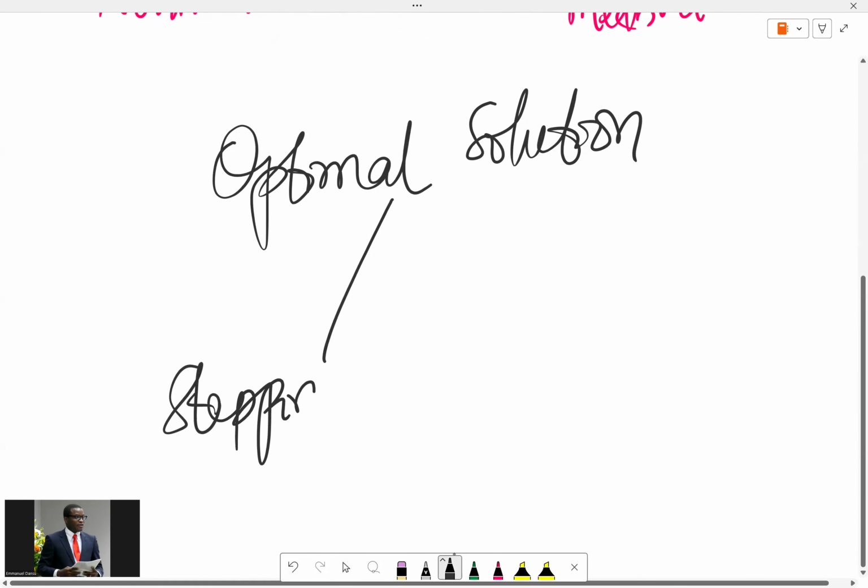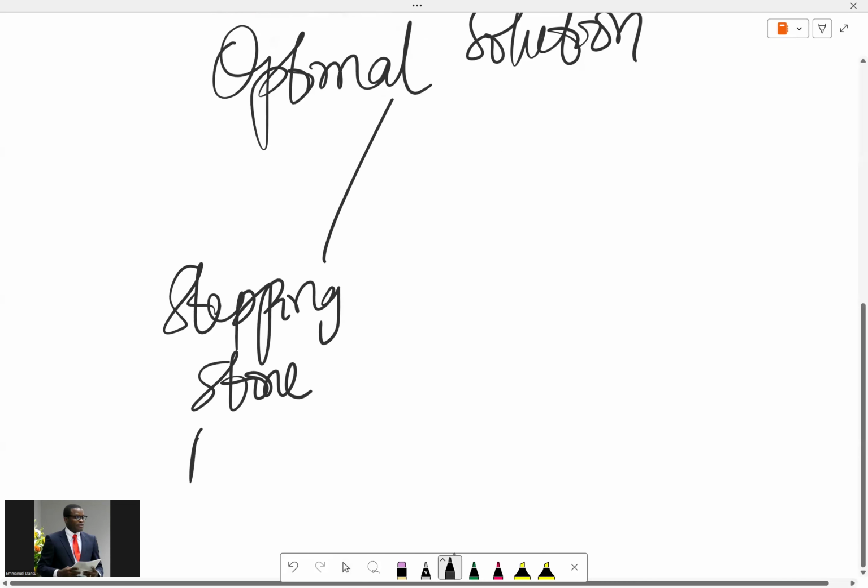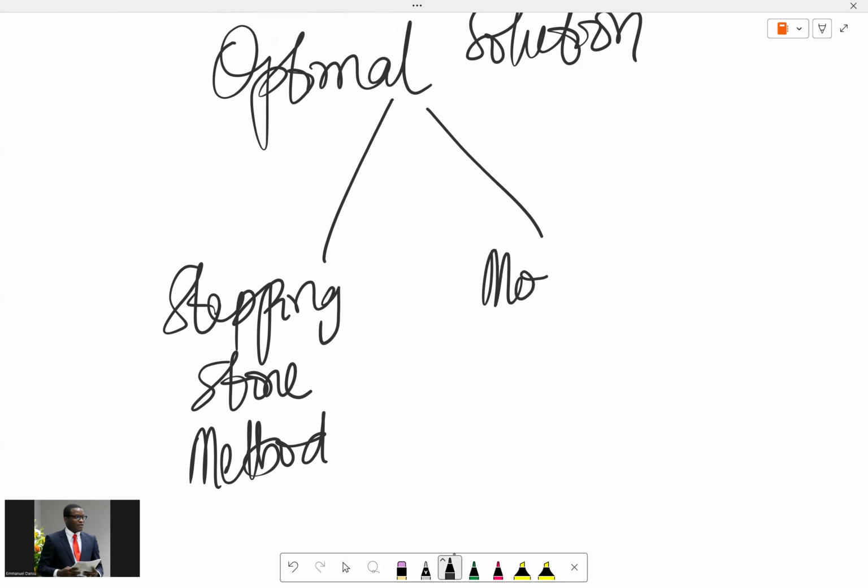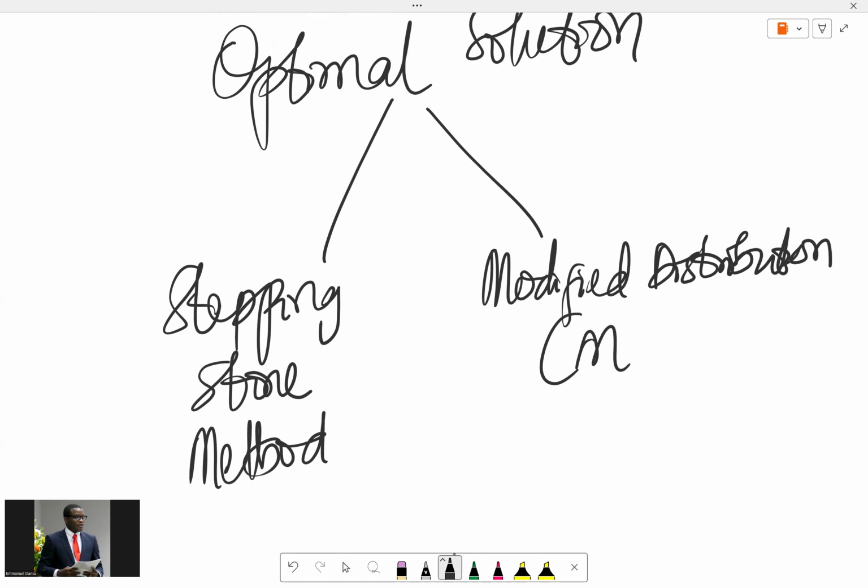The other one is the modified distribution, otherwise known as the MODI method.